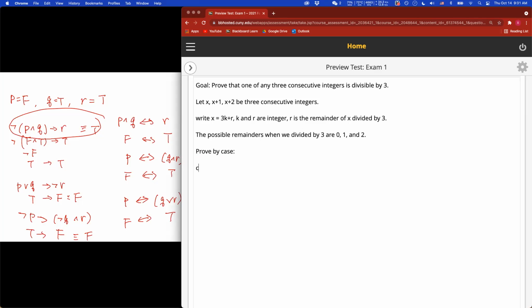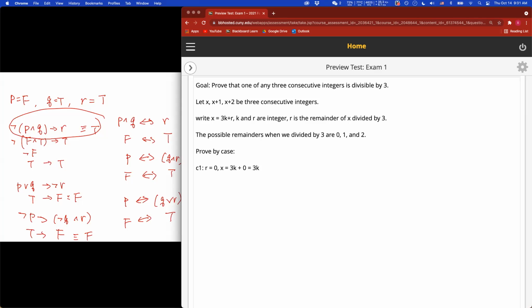So case 1 will be when r equals 0. Now when r equals 0, x will equal 3k plus 0, which will just equal 3k.